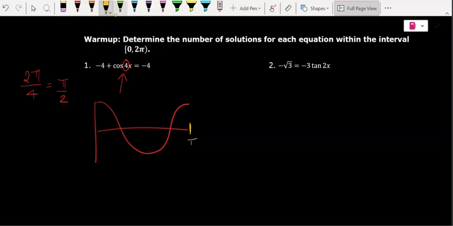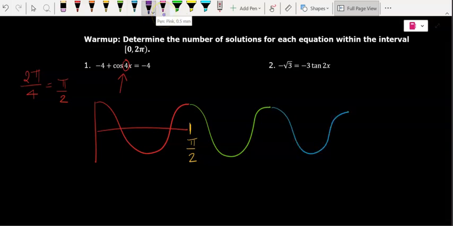Now it's to pi over 2. So if it's going from between 0 to 2 pi, how many half pis do I have? I have 4 of them. So this is going to keep going like this, and then it's going to do it again, and then again. And you're going to have 4 of those between 0 and 2 pi.